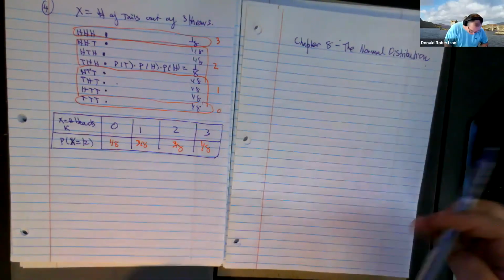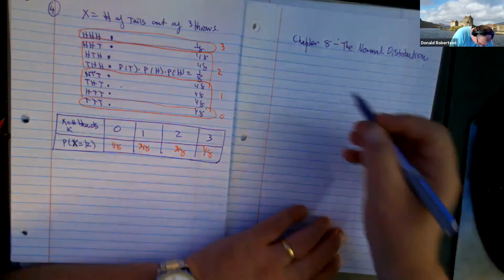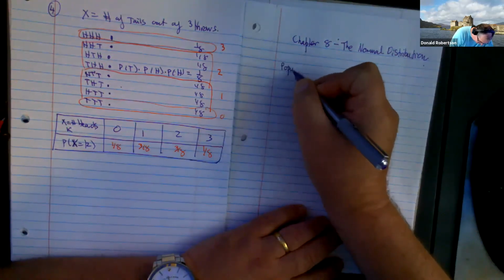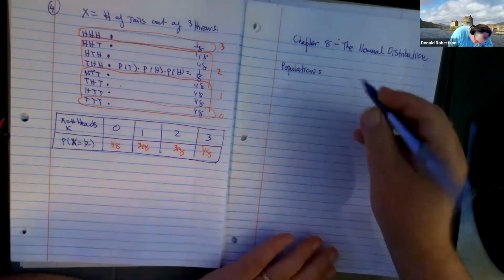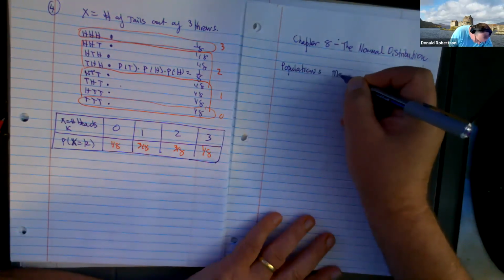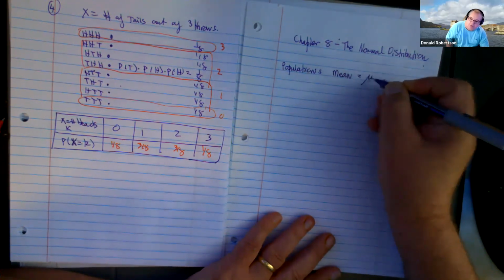Now, we're going to be talking about in this story populations. And in particular, we're looking at population mean. And when you use populations, you use that funny little Greek letter.